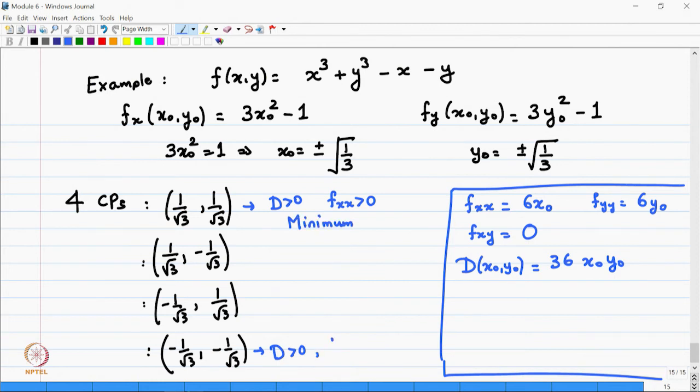For the fourth, f_xx is less than 0, so this is a maximum. And for these 2 points D is less than 0, and these are saddle points. So, just by looking at the function and taking its derivatives, we identified where it is a maximum, where it is a minimum, and which are the saddle points of this function.